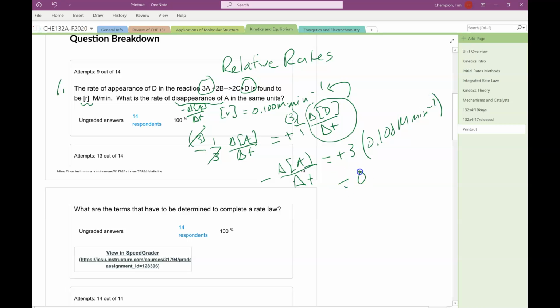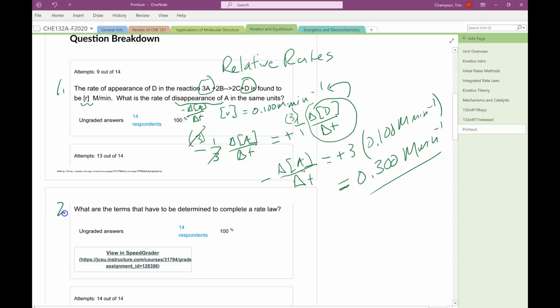So that's just going to be 0.300 molars per minute. And that is an equal sign, not a negative sign there. Usually we use words like appearance and disappearance so that we're dealing with positive numbers there.